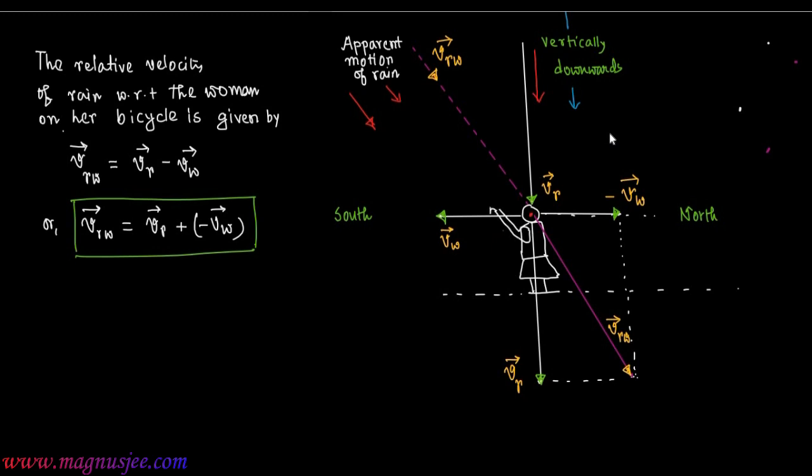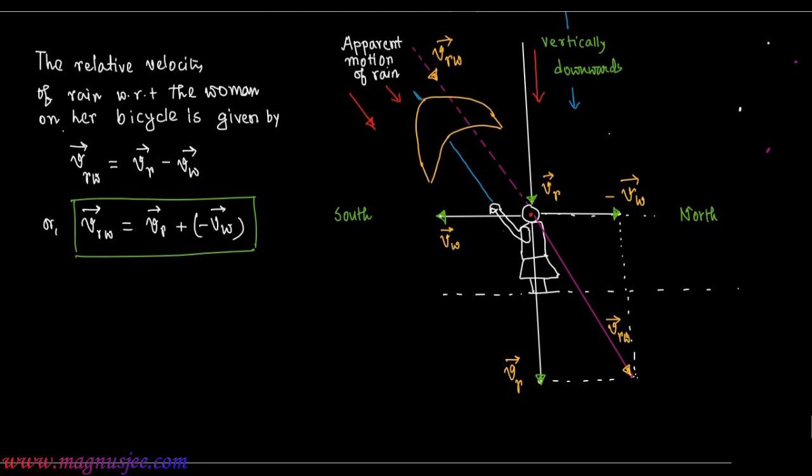As rain will appear to fall from forward direction at an angle phi south of forward direction, that's why the woman should hold her umbrella along this direction, at an angle phi south of forward direction. This is the umbrella which will be used by the woman.